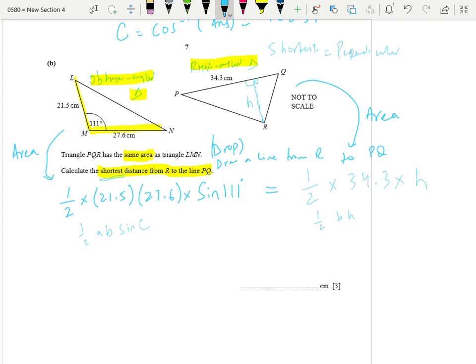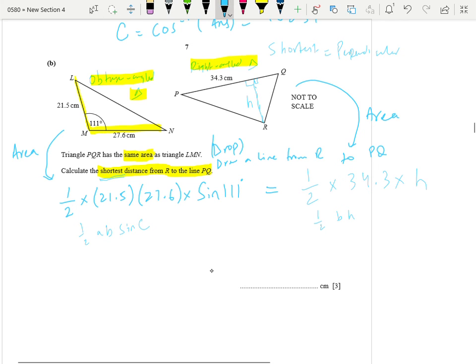Okay, so sine of 111 multiplied by 1 upon 2 multiplied by 21.5 and then multiplied by 27.6. Right, this one we have done. Left hand side. Now the right hand side.